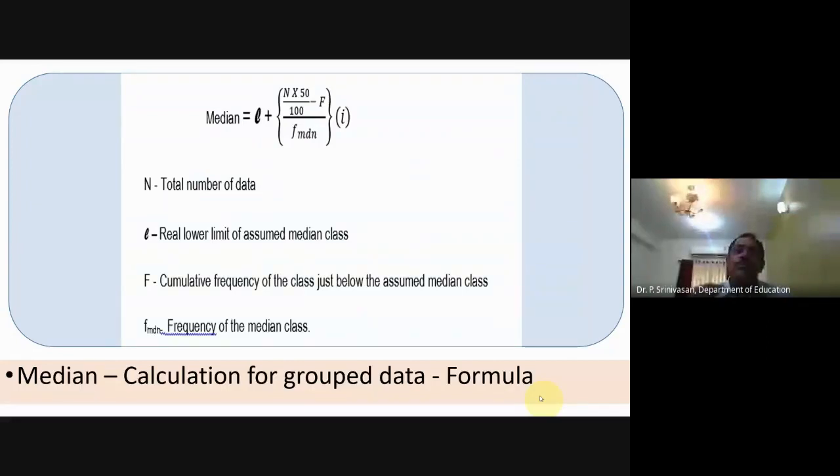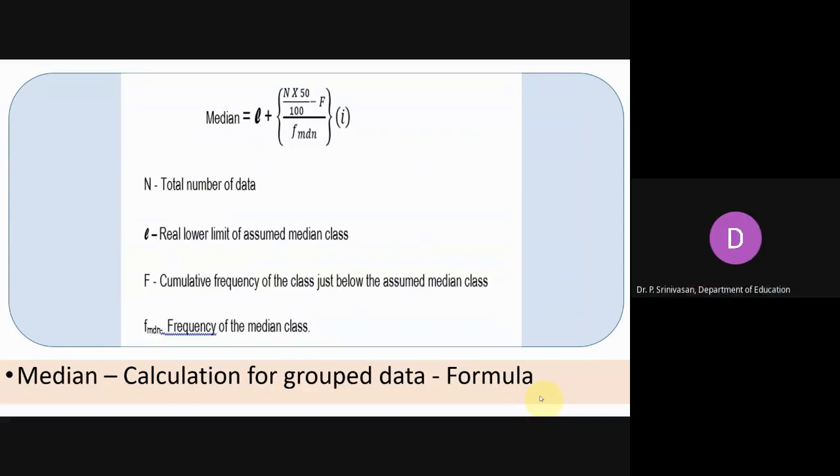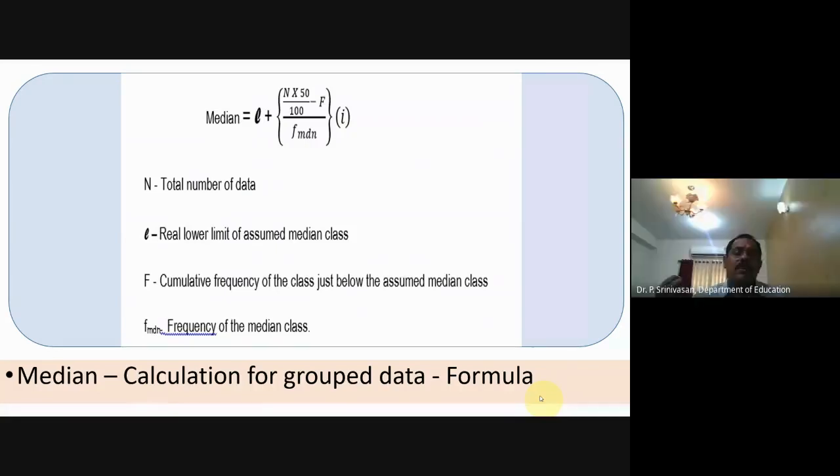It is the same method as before; only the name differs. Capital F is the cumulative frequency of the class just below the assumed median class. Below that class you have the total frequency, which is called F. And last, small f suffixed with median is the frequency of the median class.